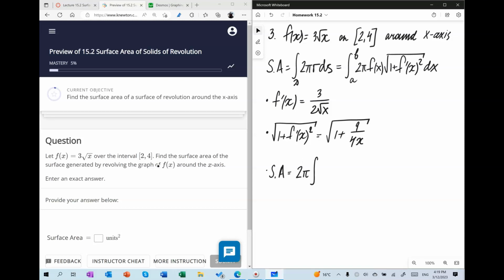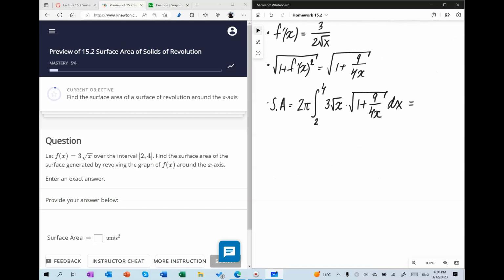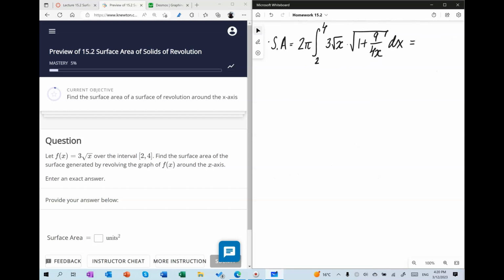We have 2 pi integral from 2 to 4 of f of x, so it's going to be 3 radical x times this. But the radicals actually can be combined anyway. Now that it doesn't matter where this integral came from, we can entirely focus on finding this integral. So let's take out that 3 from inside. Let's combine the 2 radicals using the property of radicals, and this is what we end up with.